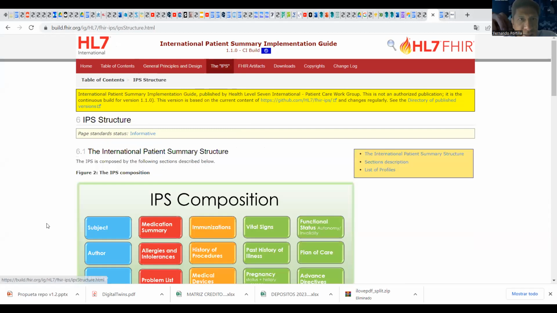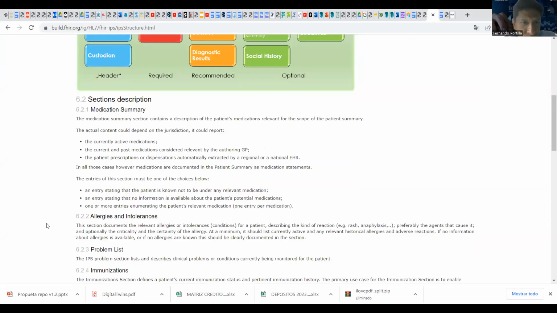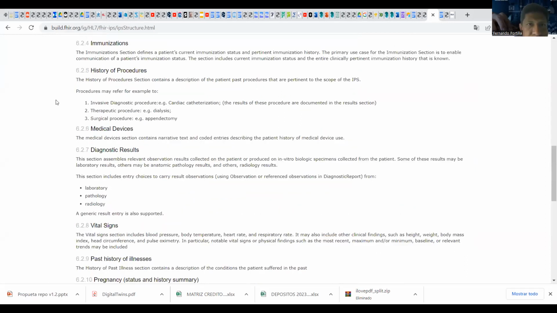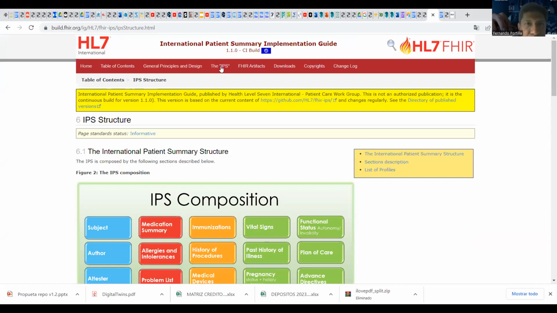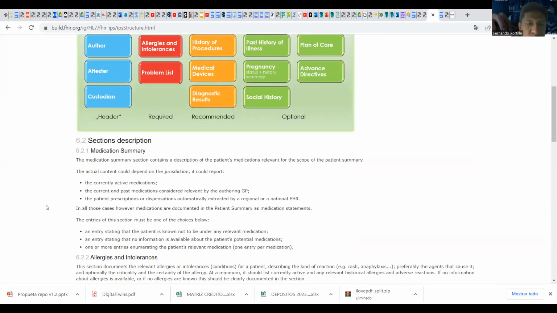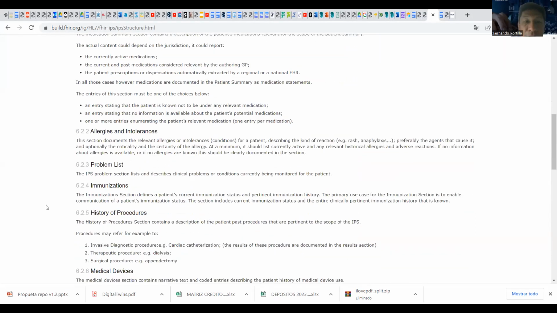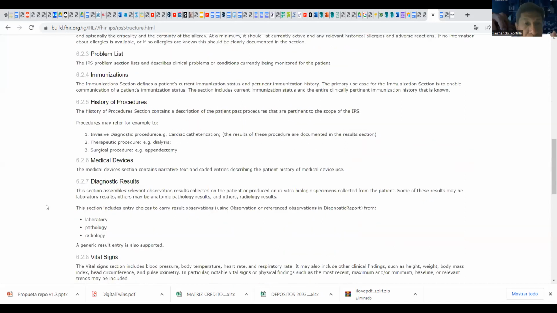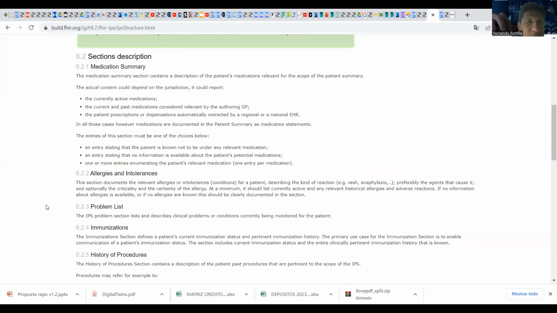And here in the IPS, we have the structure. Here at the bottom, under IPS, you can see precisely what we have just looked at. If there's something that's not clear, you can go into here, you can take a look at this.